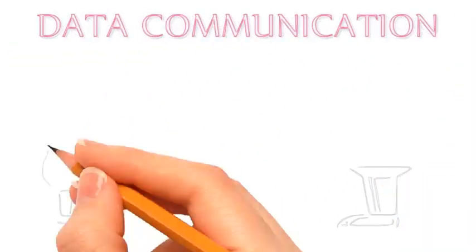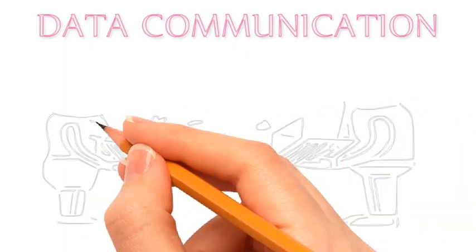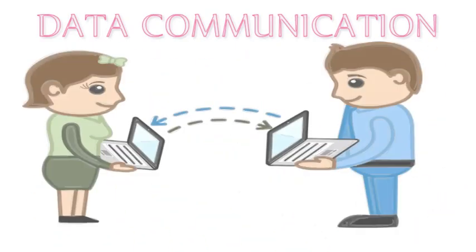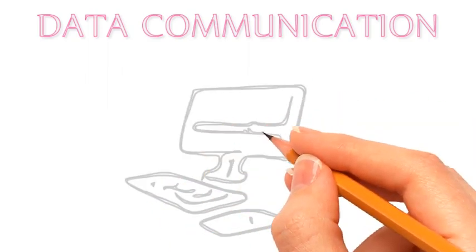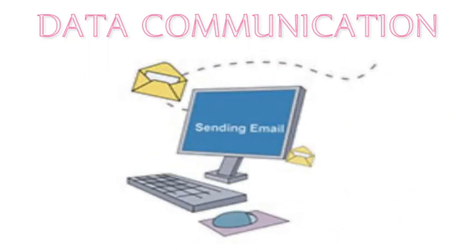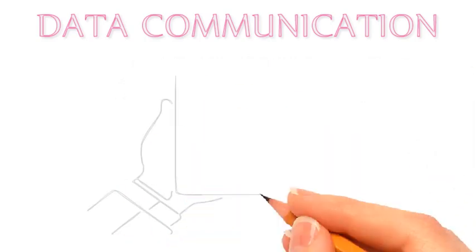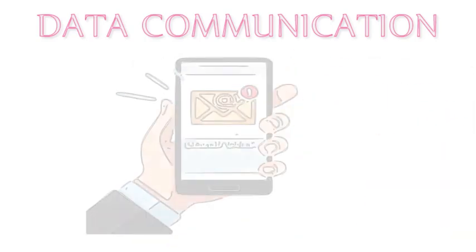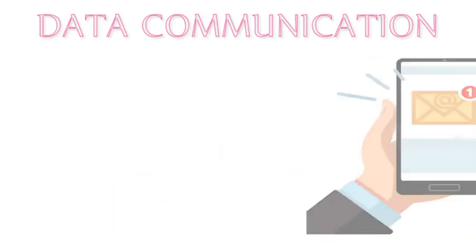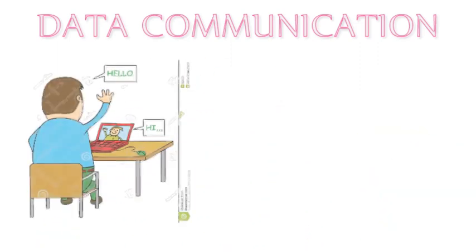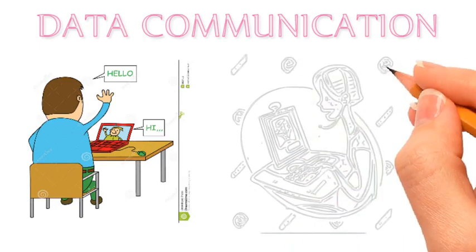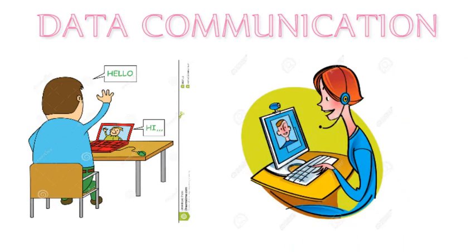Data communication. Data communication refers to the sharing of a virtual message. It is the transfer of data or information between a source and a receiver. The source transmits the data and the receiver receives it. Electronic communications like email and instant messages as well as phone calls are examples of data communication.